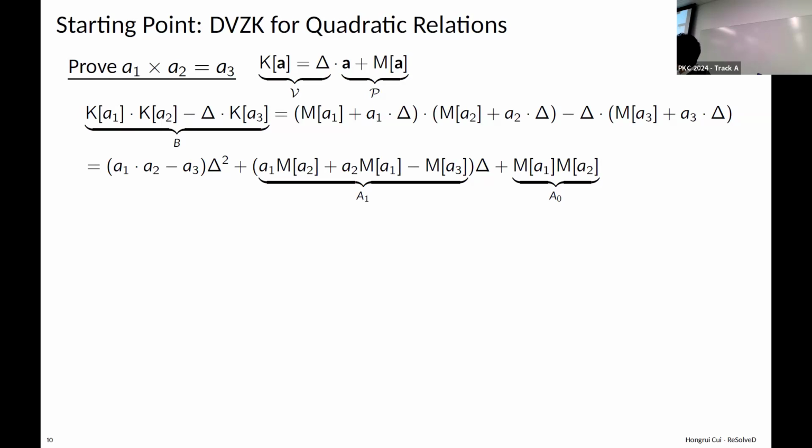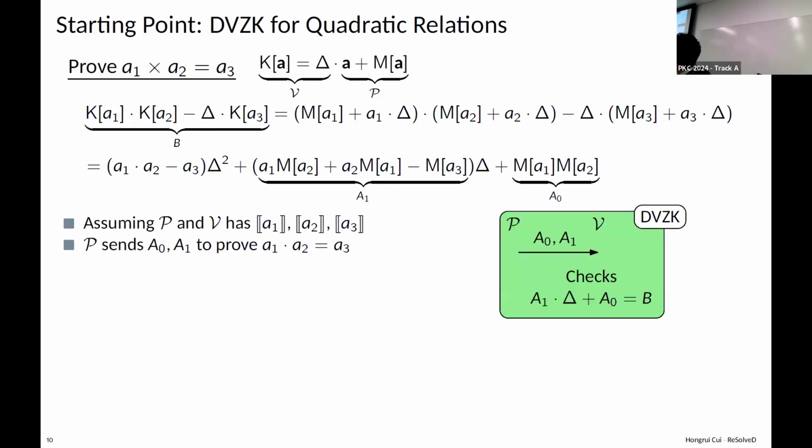The verifier can simply locally compute this value, and if we expand and regroup the terms, we can discover that the correlation to prove appears on the quadratic curve. So were the correlation to hold, then the b value should be a linear function in delta. To show this, the prover simply sends the coefficients a1, a0 to the verifier, and this is a proof.